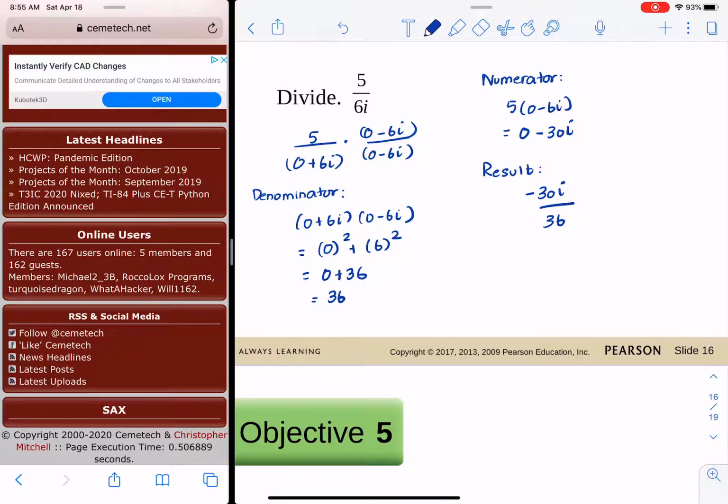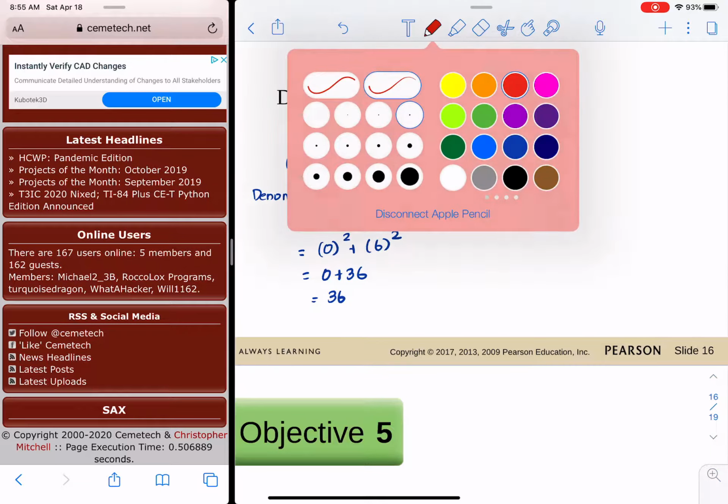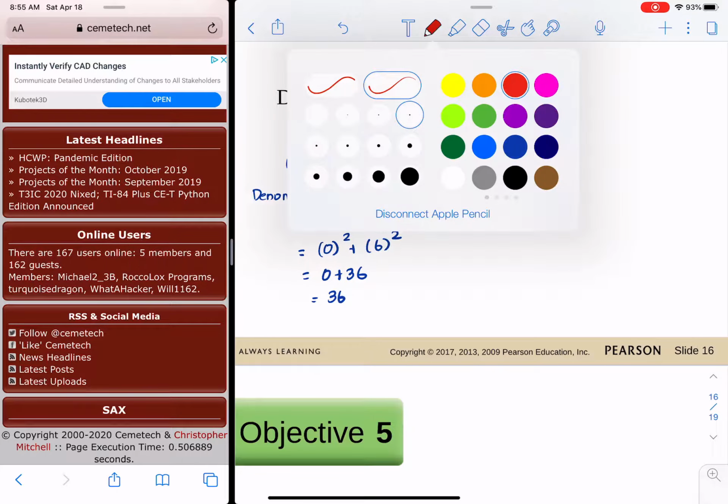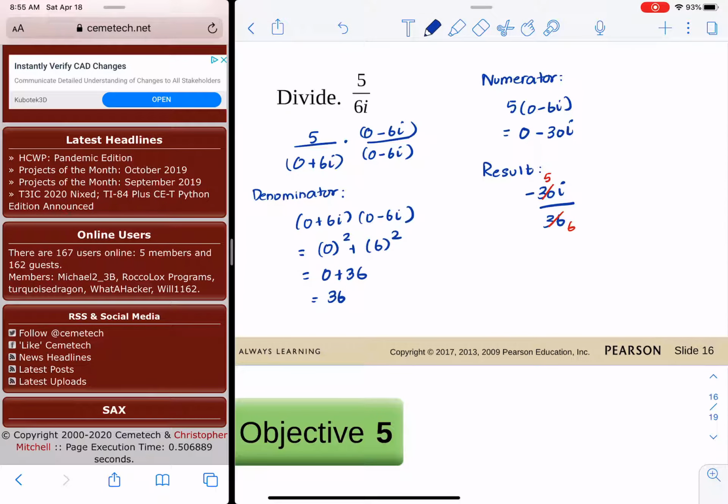We can simplify this further because there is a common factor between 30 and 36, which would be 6. So we have negative 5 over 6i.